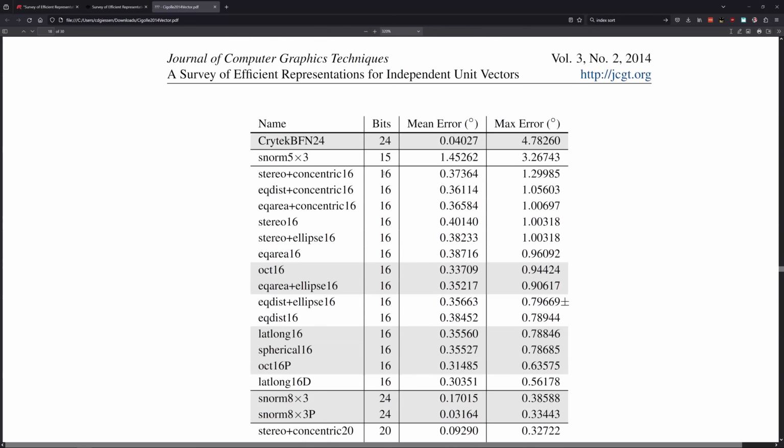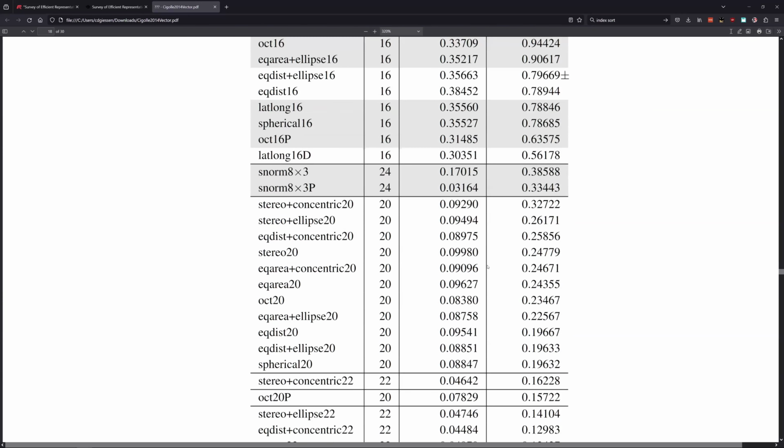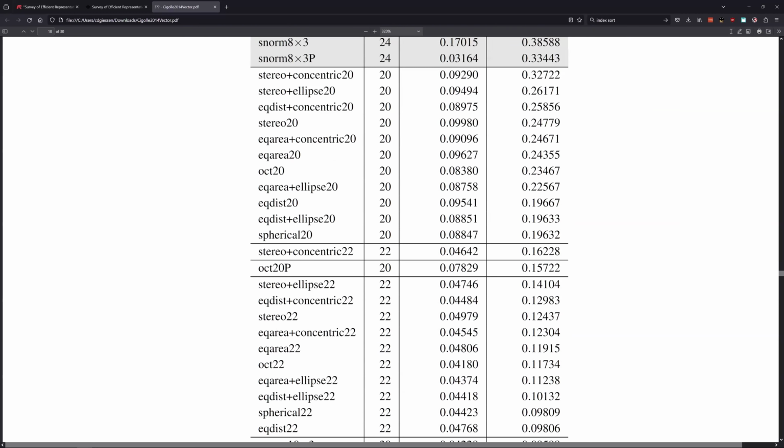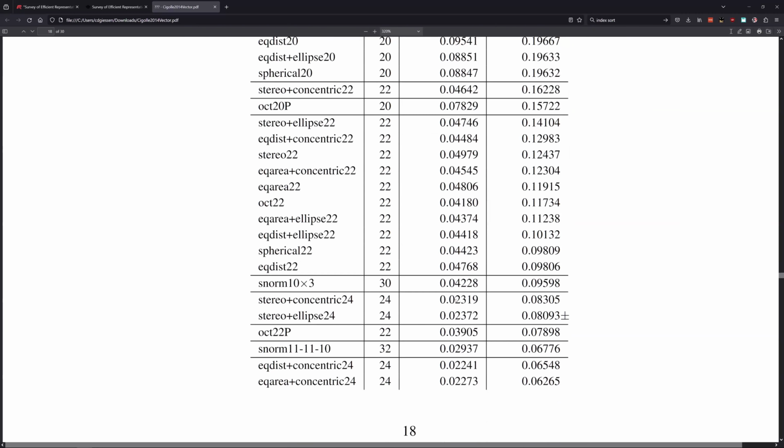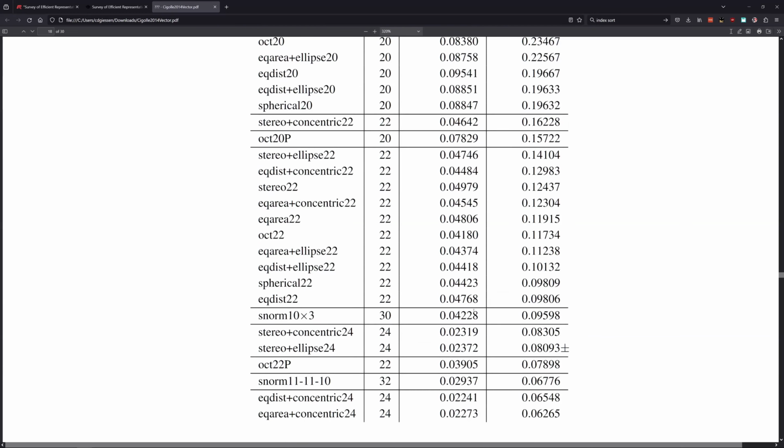Yes, so I have all the 16-bit formats here, and as you add more bits, you get more precise numbers, or you get smaller error.